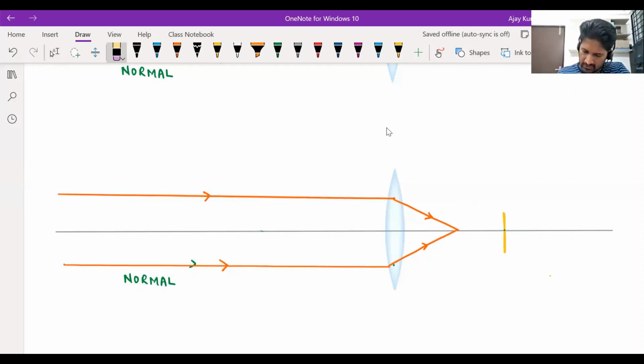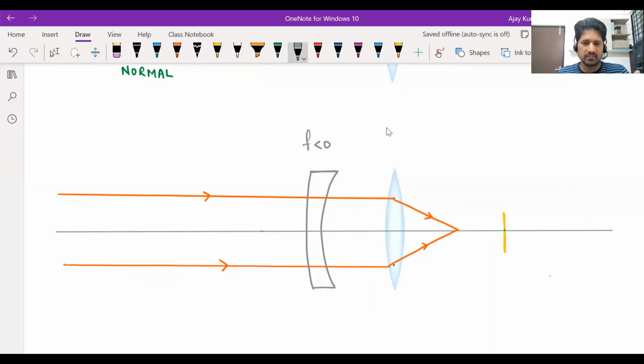Without the use of any lens, this is what would have happened with the myopic eye. Now, if you consider a diverging lens, you know the shape of the lens of your specs, it will be like this, but its focal length is negative. It's a diverging lens.